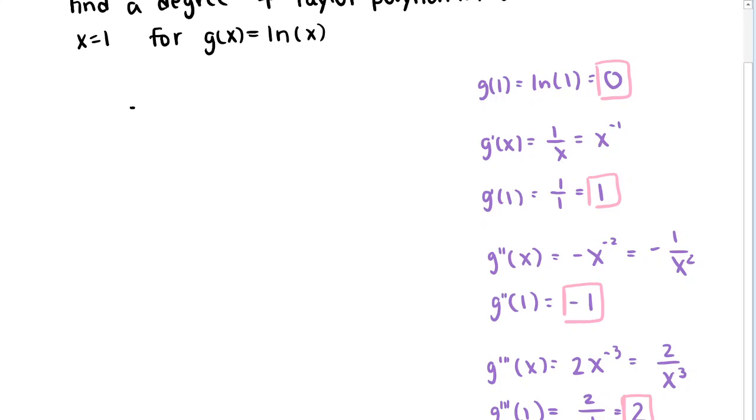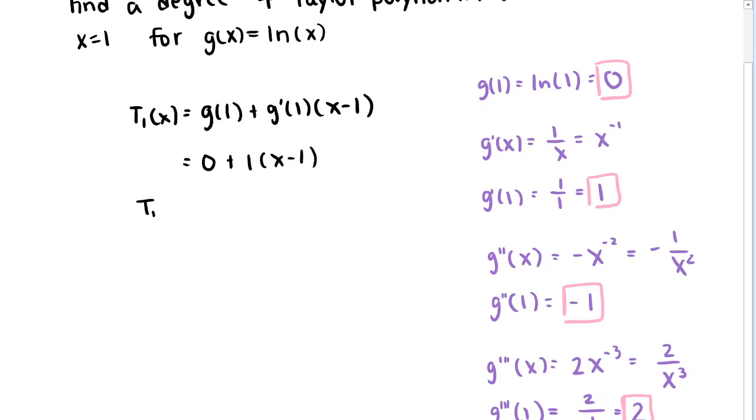So here this really means T sub 1 of x, the Taylor polynomial of degree 1, well, this was just the tangent line. This was just g of 1 plus g prime of 1 times x minus 1. Right, x take away the center value. And so here this is 0 plus 1 times x minus 1.